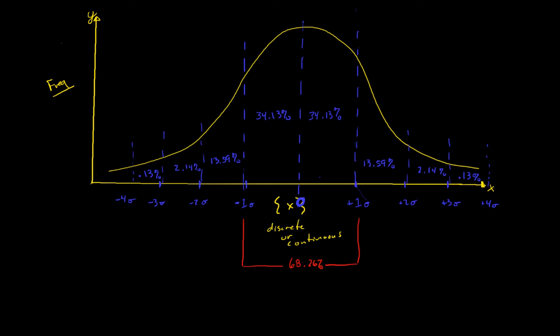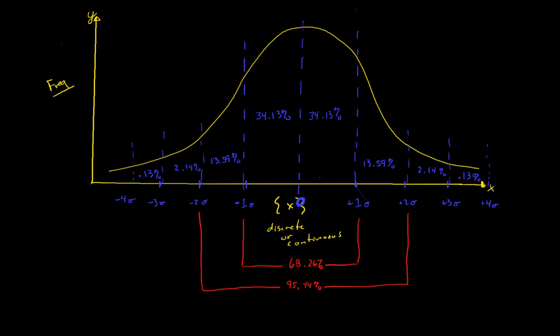Building it out from here, if you go from negative 2 to positive 2, you're going to capture 95.44% of the scores, or the observations.